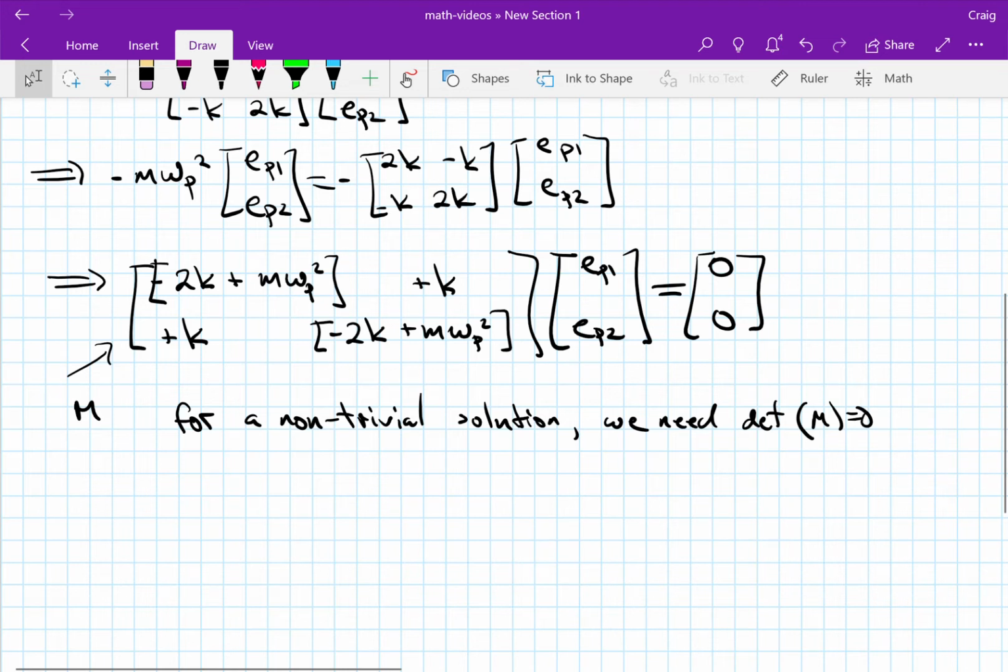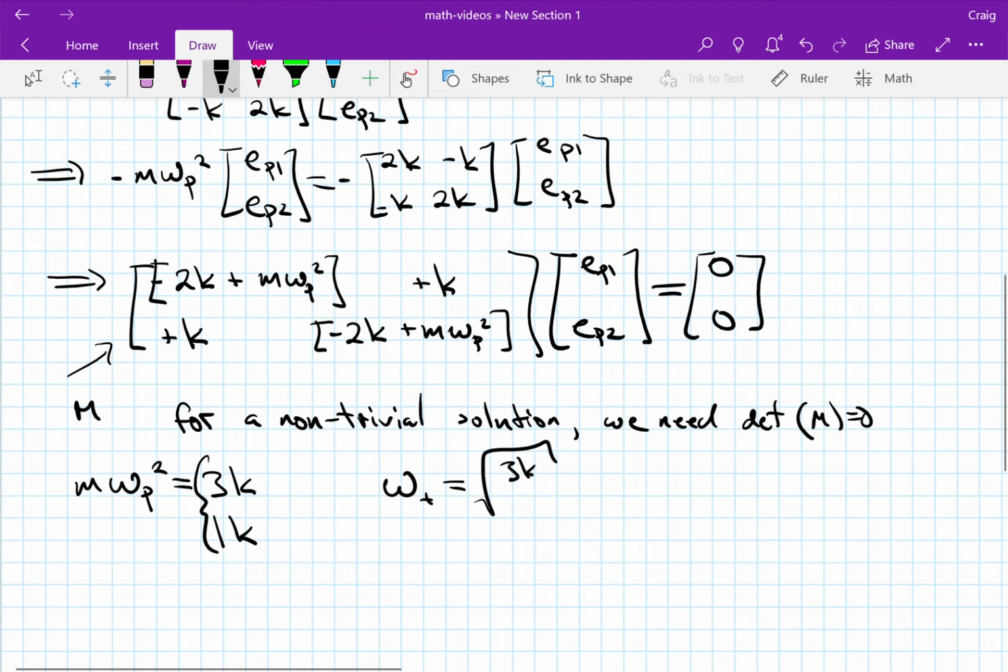Okay, and so we can go ahead. That's a quadratic equation. It's a very simple form, and so we can convince ourselves that m omega p squared is either equal to 3k or 1k in order for the determinant to be 0. And so we'll call the bigger one omega plus, which is going to be equal to the square root of 3k over m.